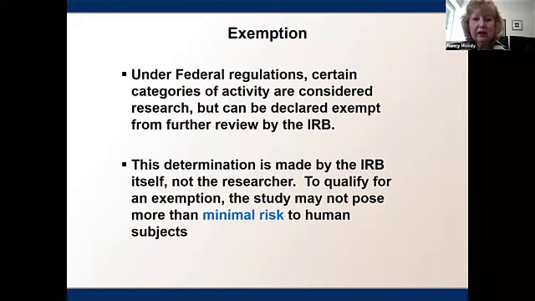So again, thinking of the extension, most of your research would probably come under an exemption, because you're going to do focus groups, questionnaires, and observations. Under the federal regulations, there are only certain categories, and they have to be determined by the IRB.